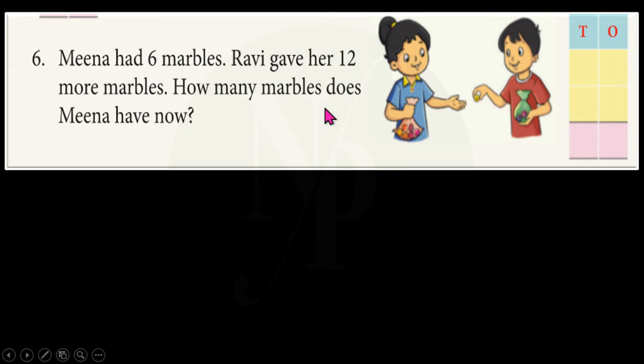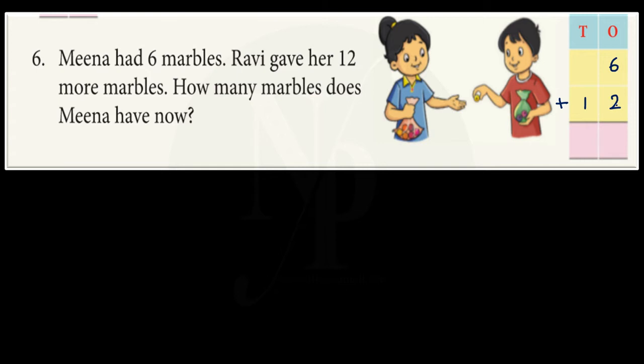So to find this we have to add 6 and 12. Let us write 6 in ones place of this table here, and we write 12 below that, 1 in tens column, 2 in ones column, and we are adding these numbers, so we put a plus sign here. Let us add now.